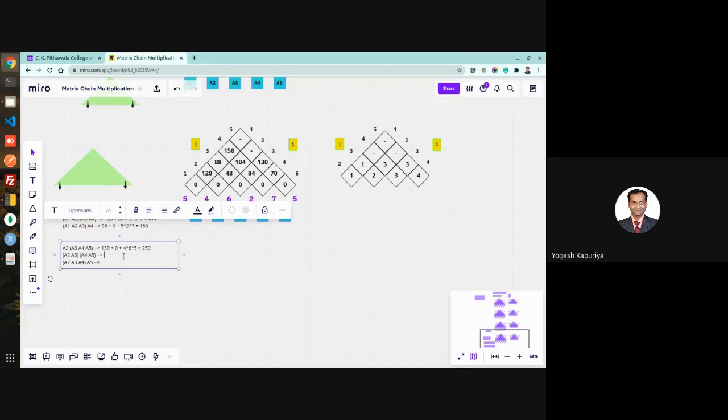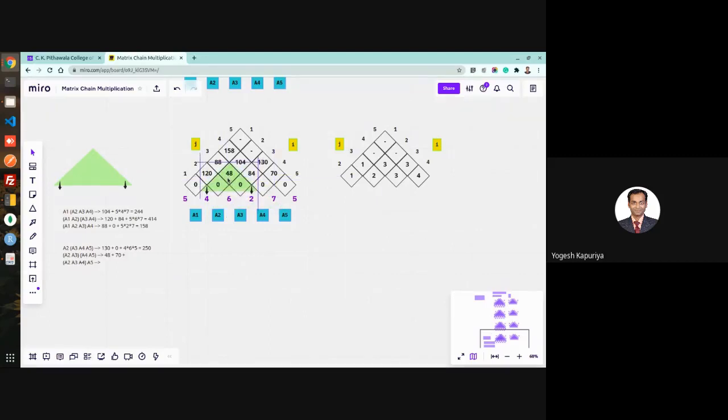One option. Second option is A2, A3 and A4, A5. Here A2, A3 is 48 and A4, A5 is 70. So 48 operations plus 70 operations plus, what is the dimension of A2, A3?